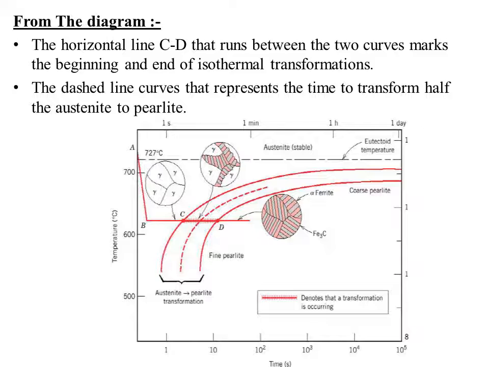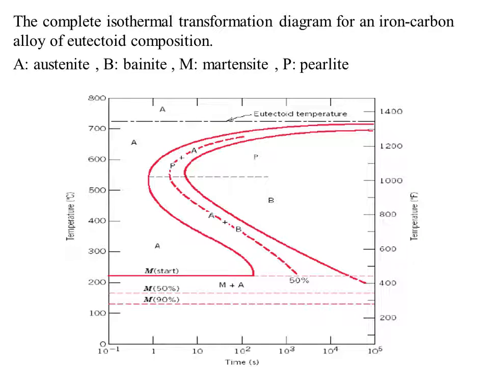So they indicate the line where half of the austenite will be turned into pearlite. The complete isothermal transformation diagram of iron carbon is given here. So you will have the austenite state. Here B indicates the bainite state, M indicates the martensite, and P indicates the pearlite state.